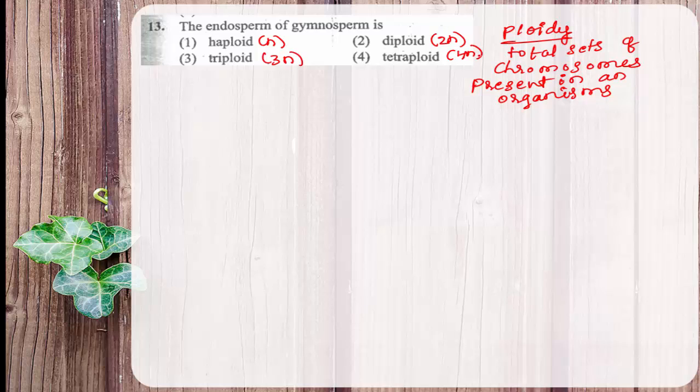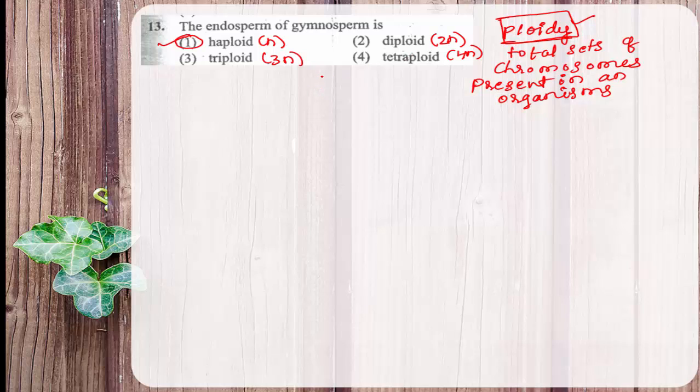If 4 sets are present, it is represented by 4n. And 4n is called tetraploid. With respect to the number of chromosomal sets in an organism, the condition or the term used to describe is ploidy. And the right answer for this question is the endosperm of the gymnosperms is haploid. So this one is the right answer.